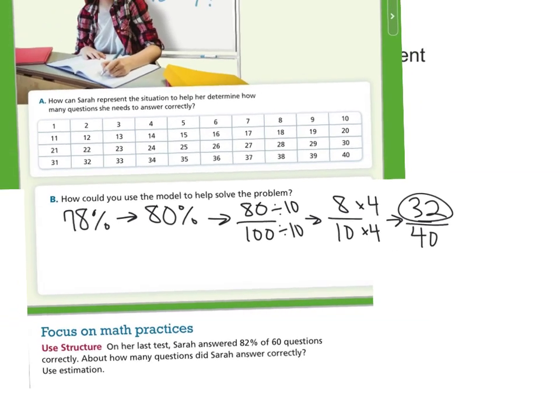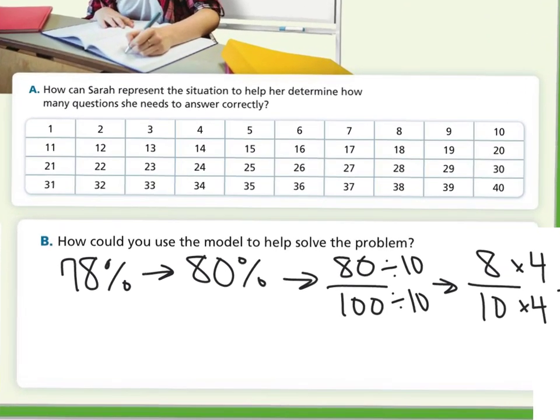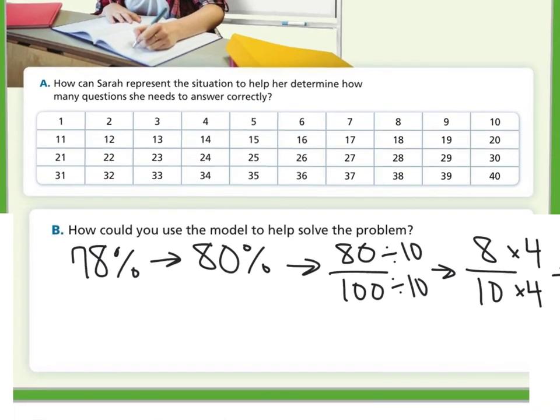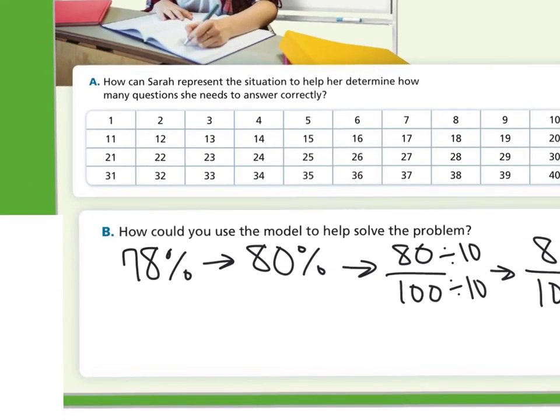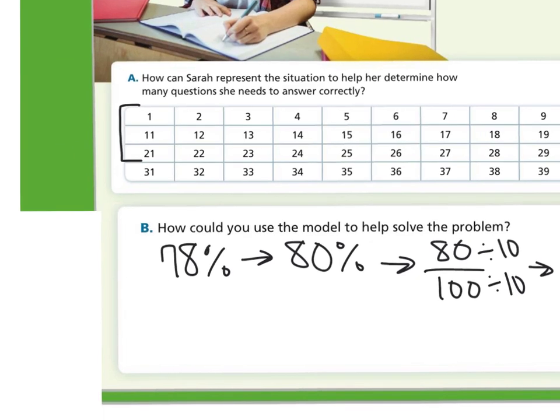And one thing, going back to their model, somebody mentioned that this is split up into 4 rows. So each row is like 25% of the test. So 3 rows would be 3 sections of 25%, which would be 75%.